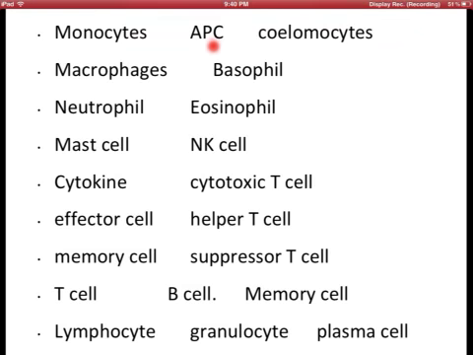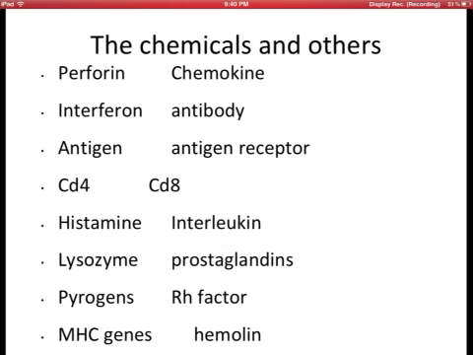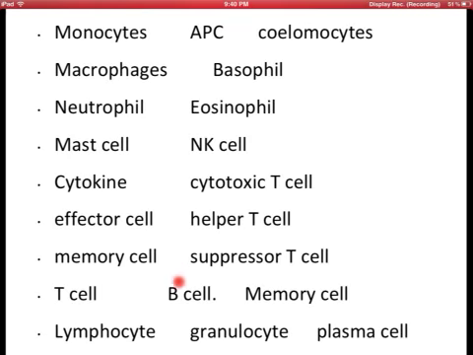Now you will have, let's say, a B cell or a T cell, makikilala nila yung APC. Papatayin nila yung APC or sisirain nila lalo yung dead pathogen.